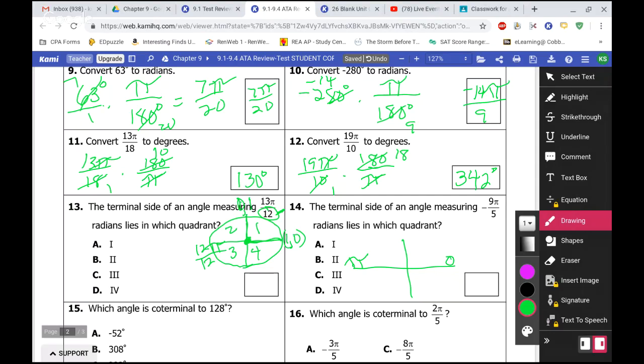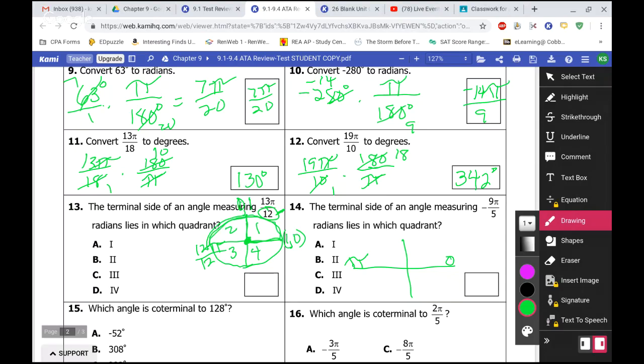It connects to the coordinate plane. And then the pi measurement is the radians. And when you get various denominators, you want to think of it as breaking that pi into that number of pieces.